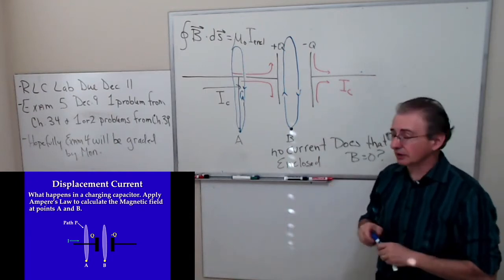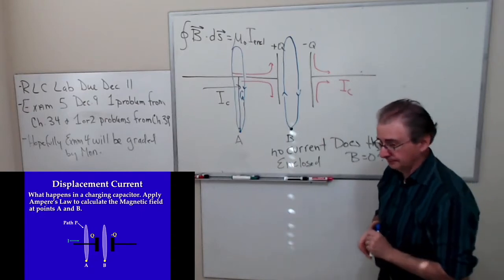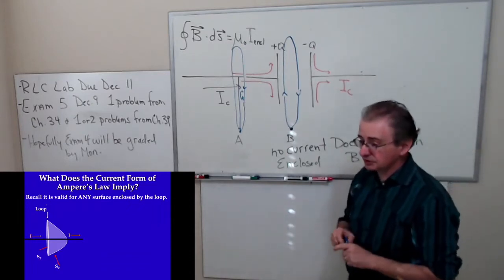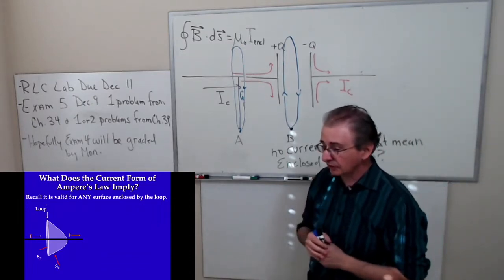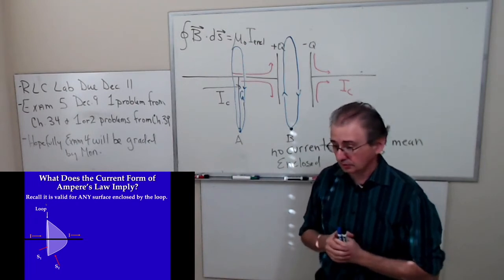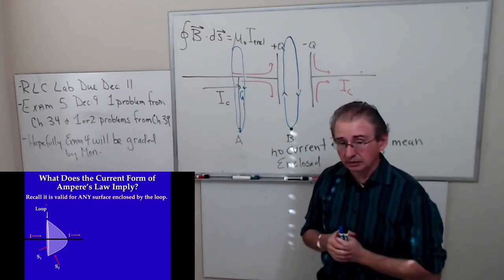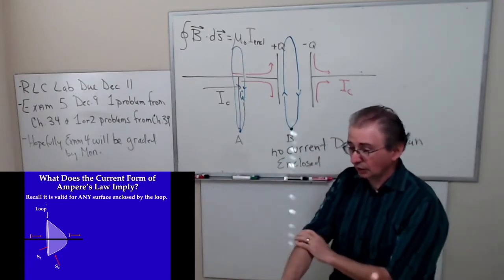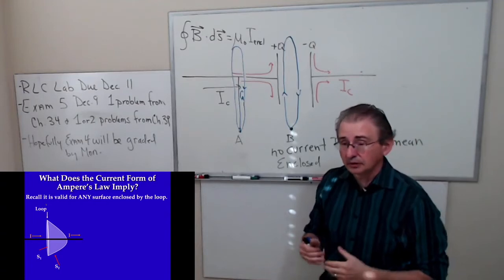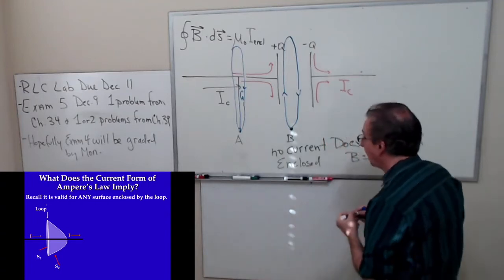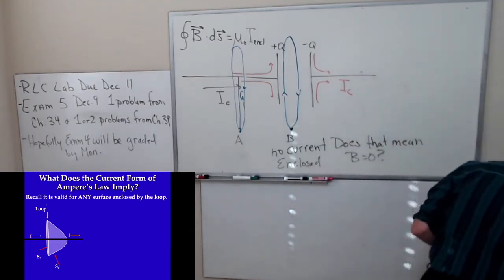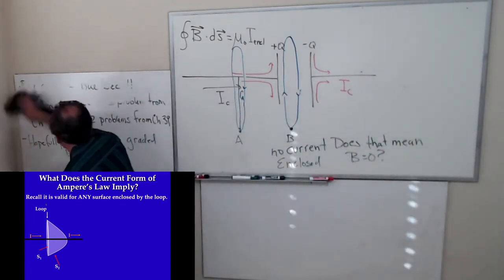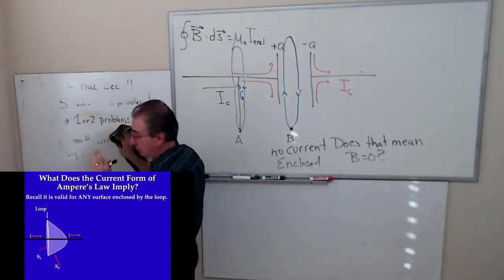And let me show you another issue that comes up with it. Remember that Ampere's law is valid for any surface enclosed by the loop. Okay? Ampere's law is valid for any surface that's enclosed by the loop. So let's think about this. If I have a current I, and I'm not going to do the capacitor for now.